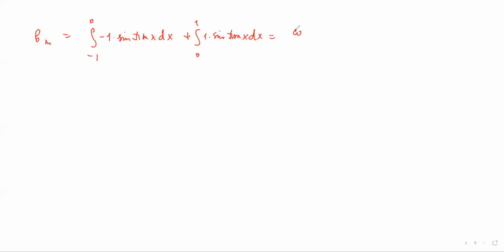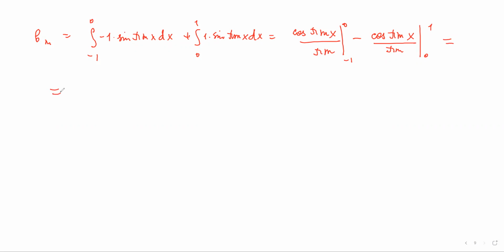So what we have is cosine of pi mx over pi m. Derivative of cosine is minus sine, so this minus goes into cosine. Here we're going to have minus because there is no minus, and I'm going to just copy cosine of pi mx over pi m. Substitution here, -1 and 0. And substitution here is 0 and 1.